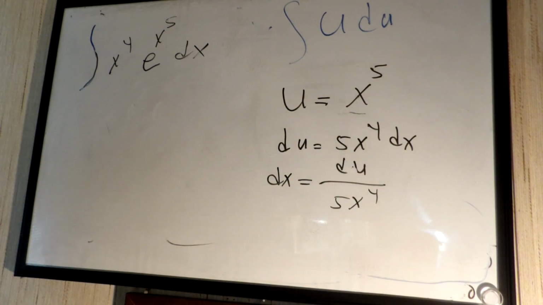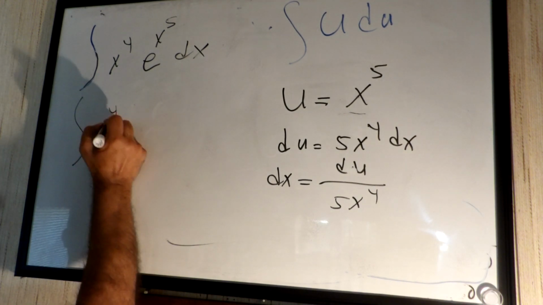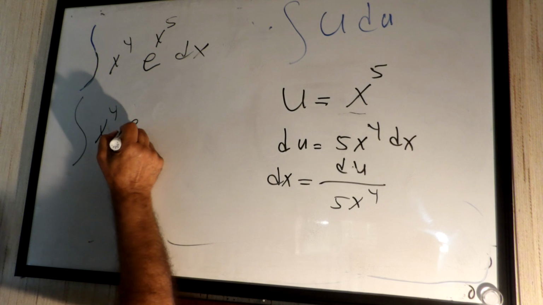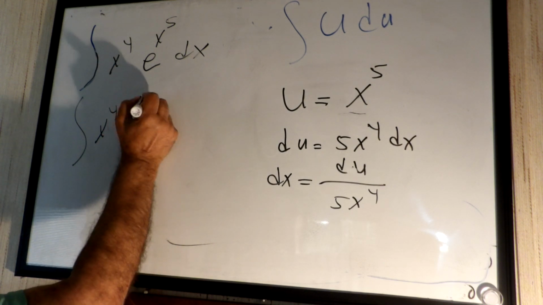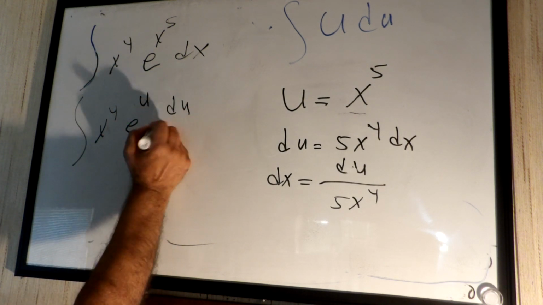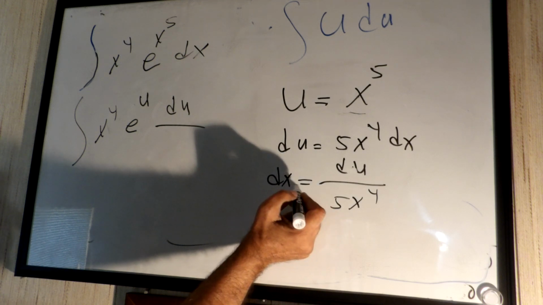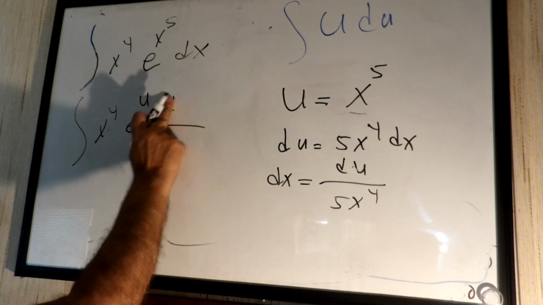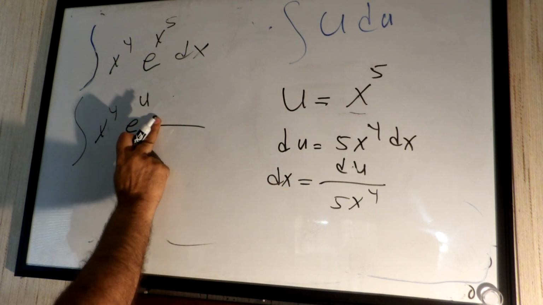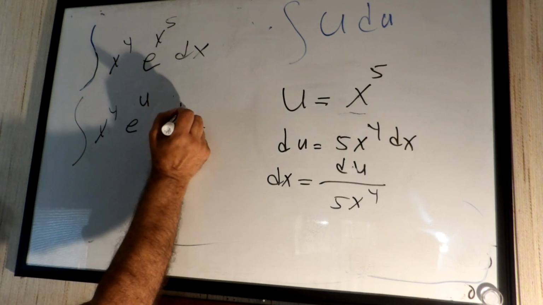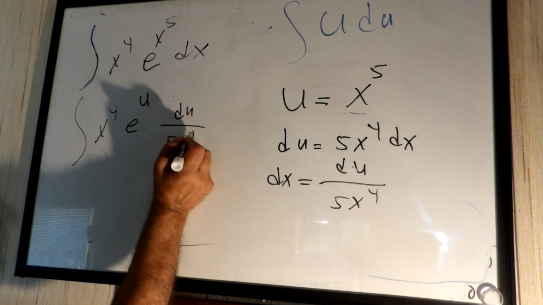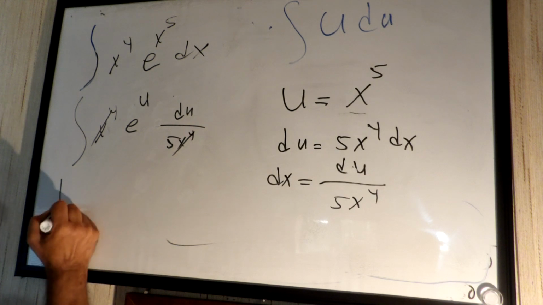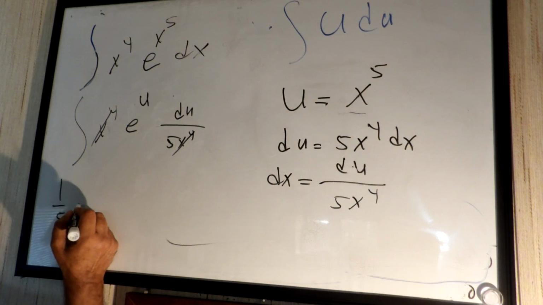Then we put this here: x^4 e to the power of u, and instead of dx we write du over 5x^4, so x^4 cancels out and we have 1 over 5.